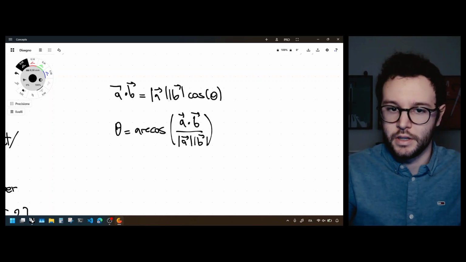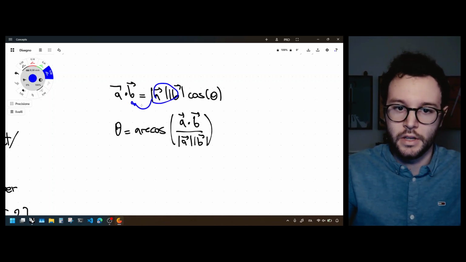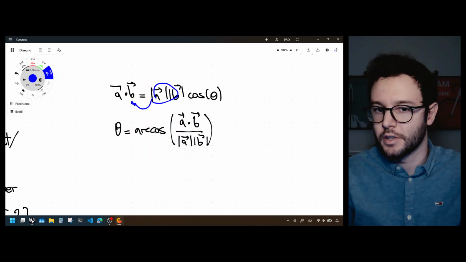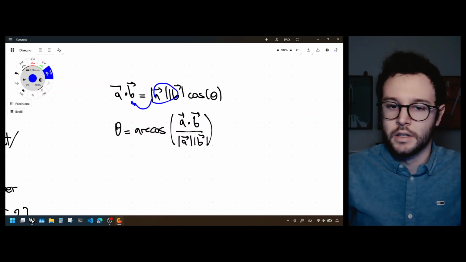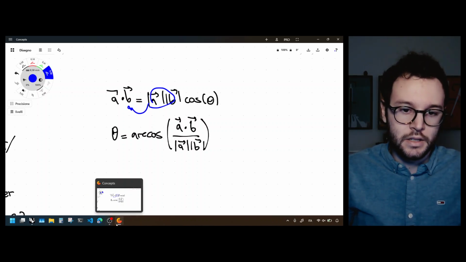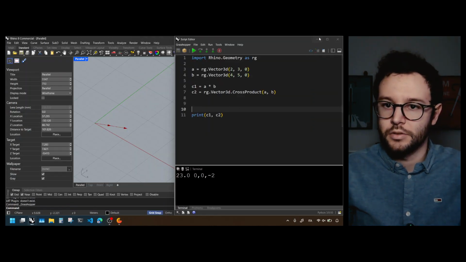You see this is just the inverse formula. We took this one and put it underneath, and then we had the cosine of theta, so the inverse of the cosine became the angle theta. So this is a quick way of computing the angle between two vectors, and Grasshopper gives us the option to do it automatically.